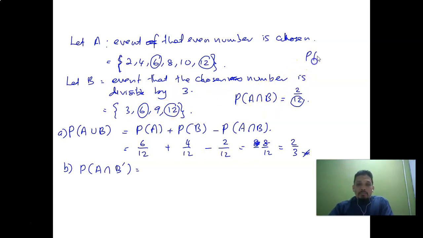So the probability of B equals 4 out of 12. So the complement of B equals 8 over 12.